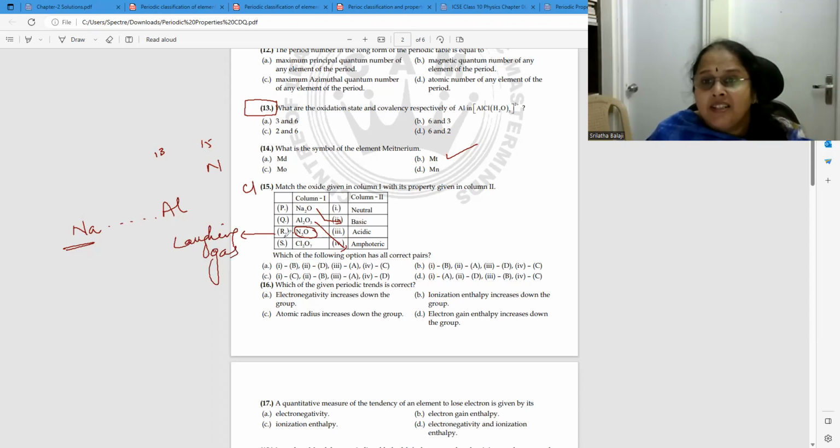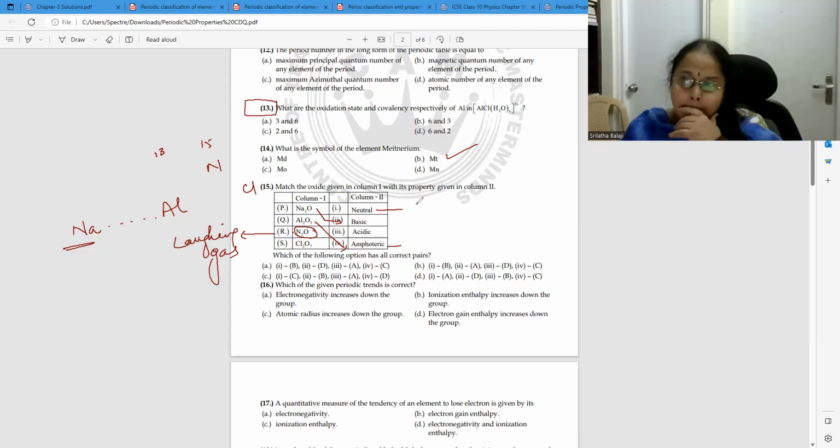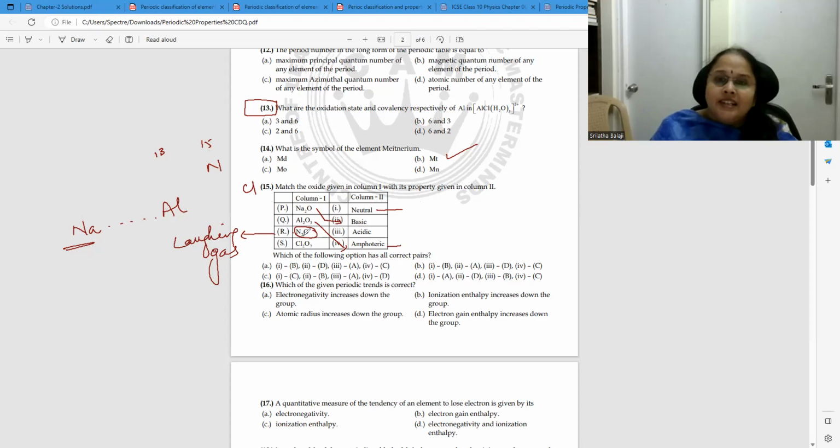Just because it's a laughing gas doesn't mean it's neutral. There is a concept for neutrality there. What do you mean by neutral? Okay, your final answer is acidic. You got the answer anyway, without understanding what is neutral also. But my question is, what's the difference between neutral and amphoteric?